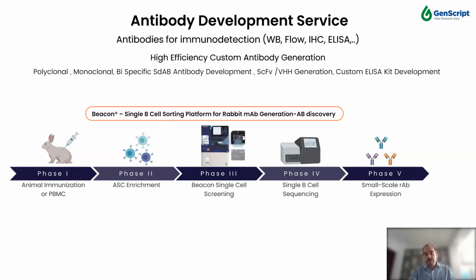Then using the Beacon system, we do single cell analysis and screening to see which ones are the desired clones. Then we can proceed with sequencing of the single B cell colonies. And then we proceed with expression of these recombinant antibodies and delivery to you of certain amounts of these recombinant antibodies. So very effective systems for producing antibodies as tools for detection during target discovery.